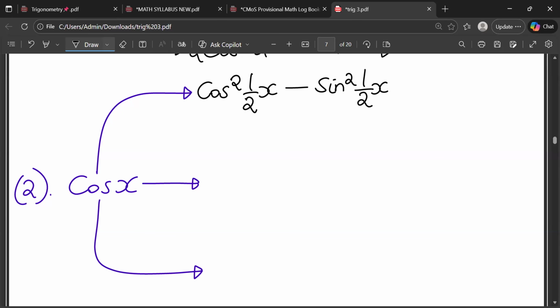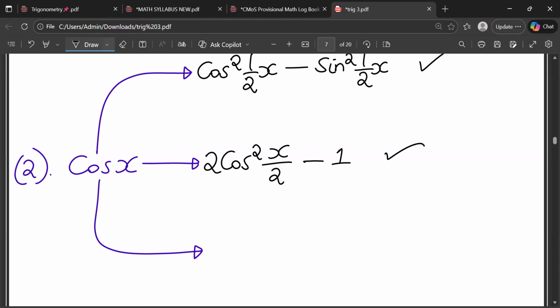Then the second one is going to be 2 cos squared a half x, which you can write as x over 2, minus 1. Then lastly, 1 minus 2 sine squared half x.